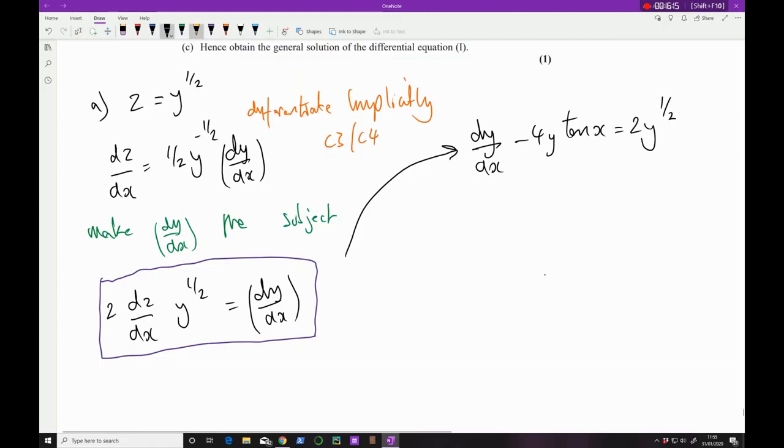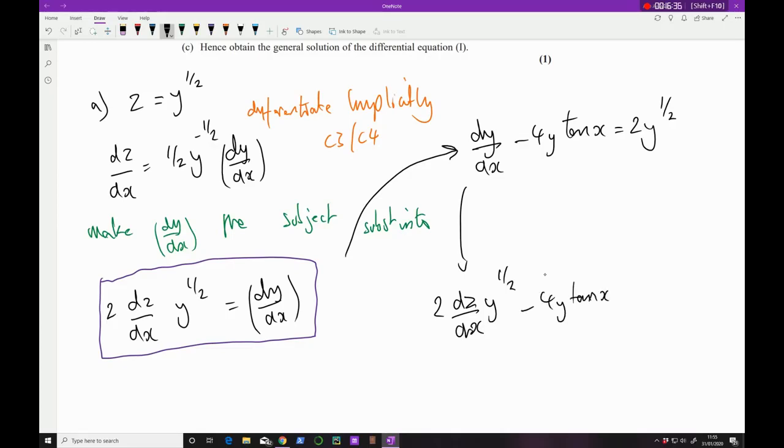So substituting in, this whole thing becomes 2 dz over dx y to the power of a half minus 4y tan x equals 2y to the power of a half.